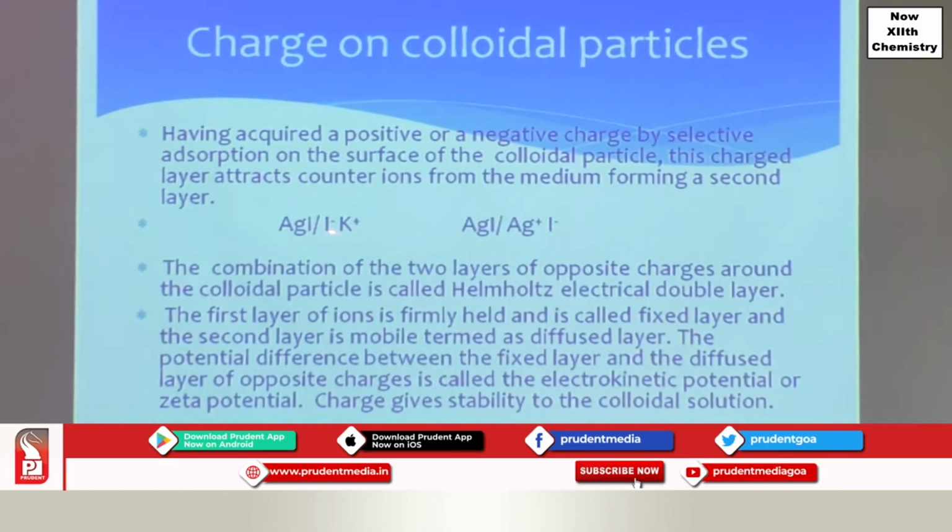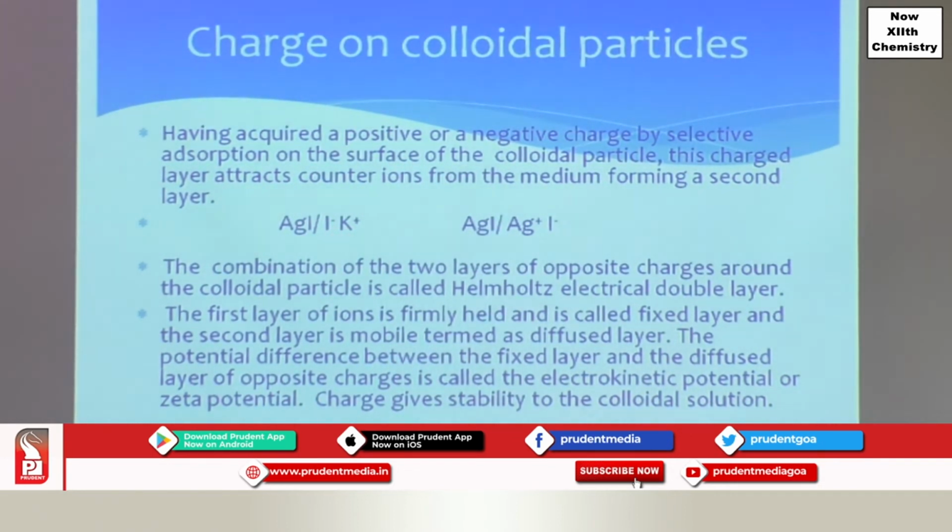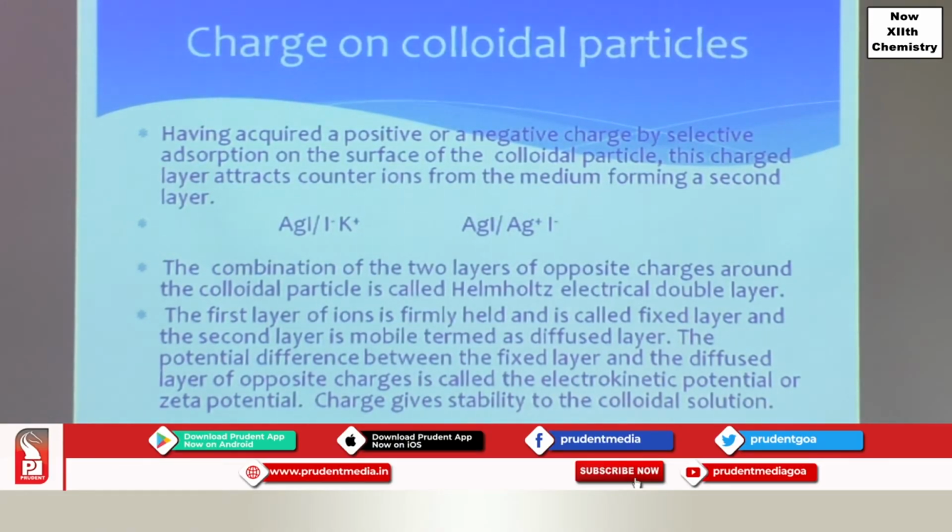And the potential difference which is developed between these two layers is called electrokinetic potential, or it is also called zeta potential. All of you, charge is very much essential because charge gives stability to the colloidal solution.